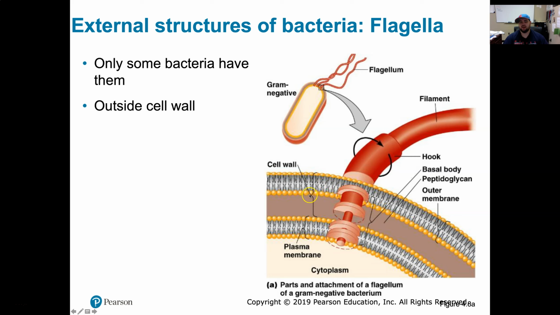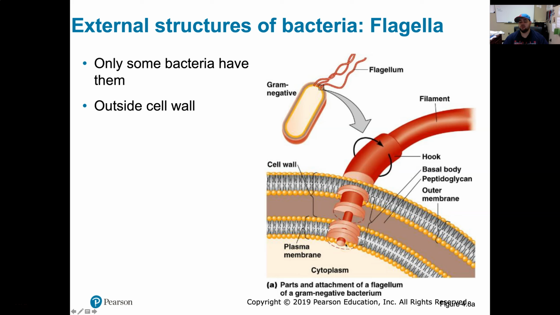So this is a gram-negative cell, meaning it has a cell membrane, a cell wall made of peptidoglycan, and then another outer membrane, the LPS layer, the lipopolysaccharide layer that I mentioned. So you can see that this is embedded in every single one of those layers.